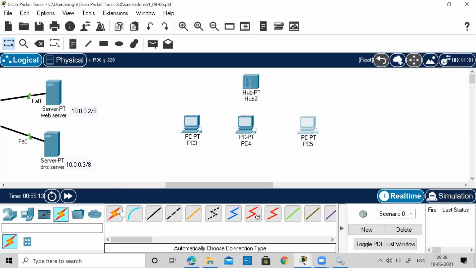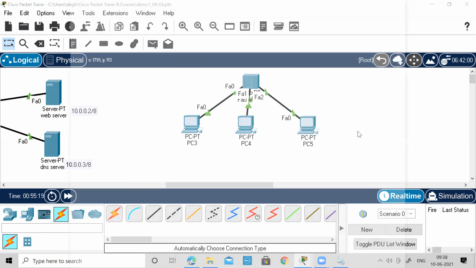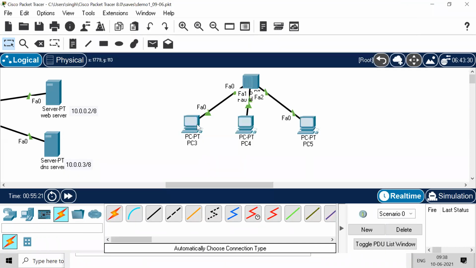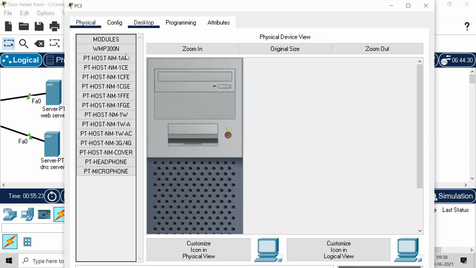I'll connect all these with cables, and give IP addresses to these PCs. I'll enter a few addresses over here.